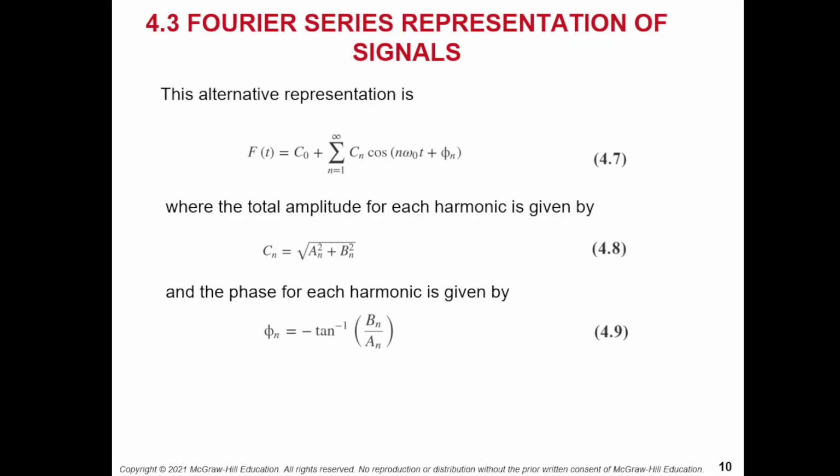So bn is like the imaginary part, and an is like the real part. But this is not a complex number, just an analogy between the complex number and the Fourier series. Okay.